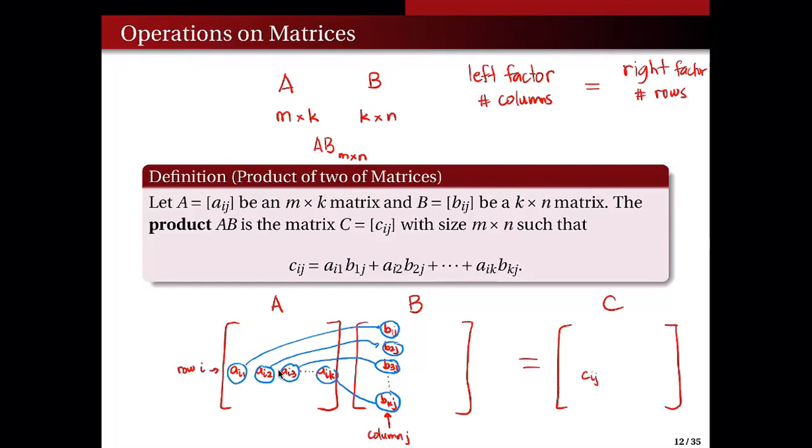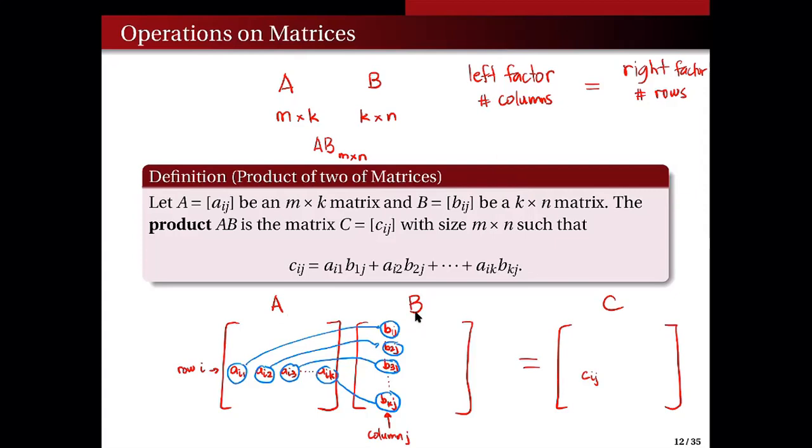When you add them after multiplication, you'll get this single entry on the right-hand side. Ij for the subscript of C is coming from row i of A and column j for B. So that's multiplication of matrices.